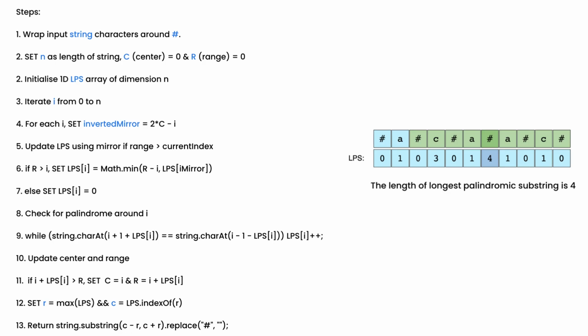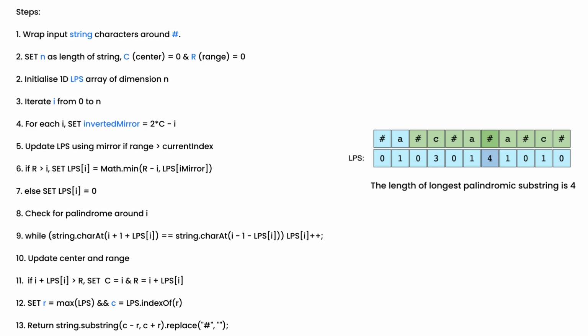For each i, set the inverted mirror variable as 2C minus i. Update LPS using the minimum of the mirror's LPS value and the difference between range and current index if range is greater than current index, else set LPS[i] as 0.